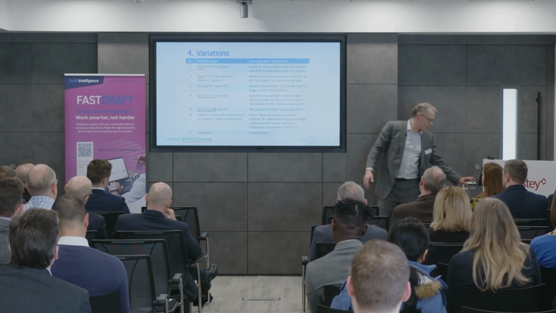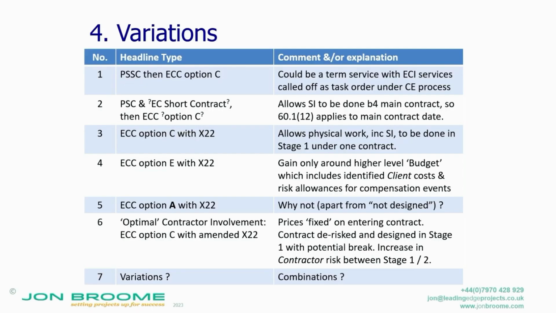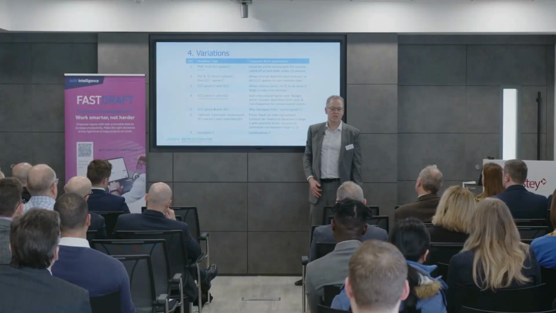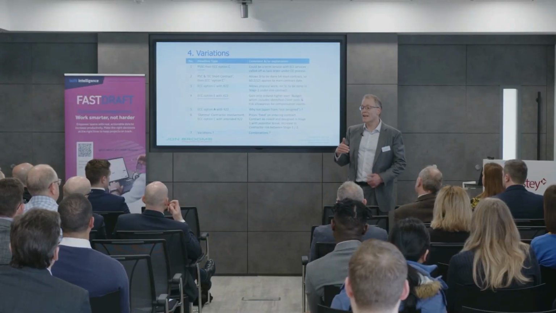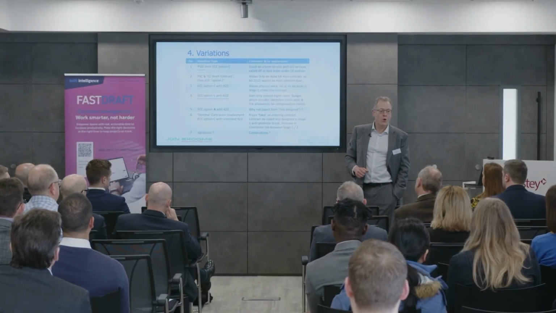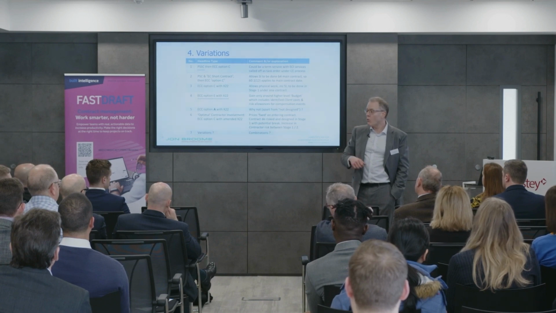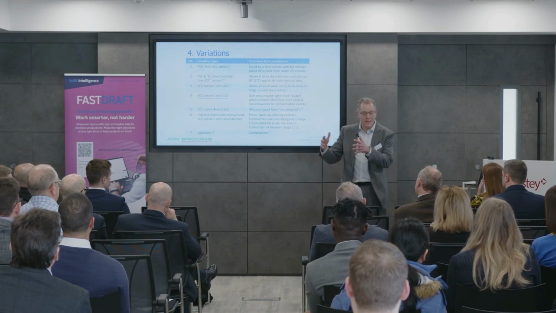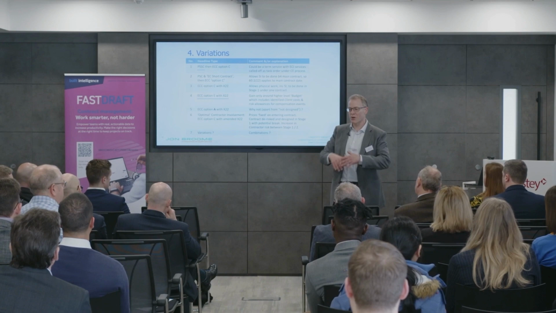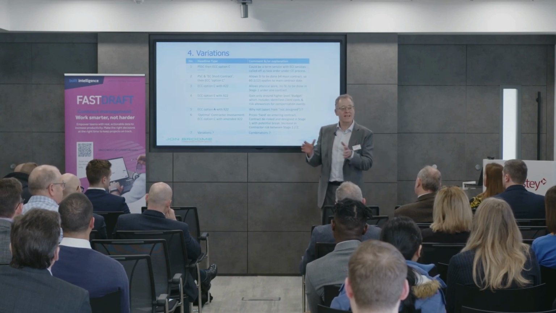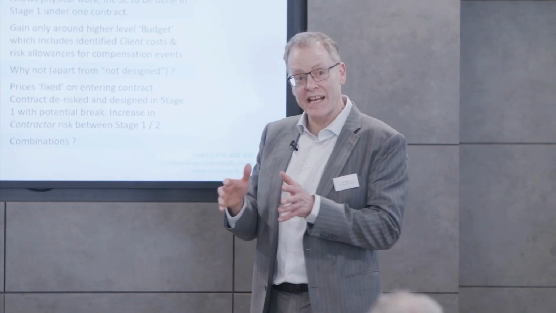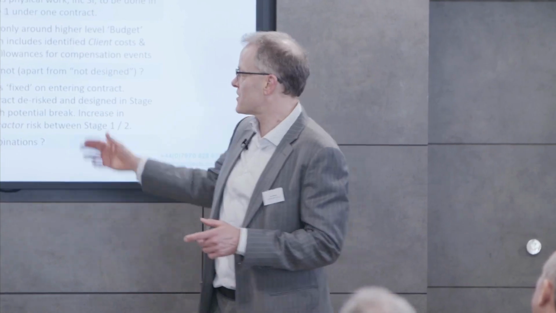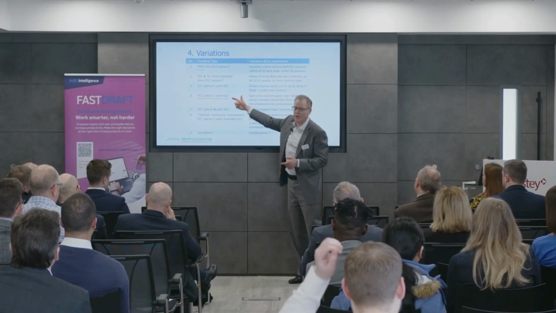You want Connect Plus, the latest one. What we're doing, as I said, is a professional services short contract for early contractor involvement, which includes scoping out what we want them to do, in a workshop type arrangement. What's the ECI scope for stage 1 under this one?